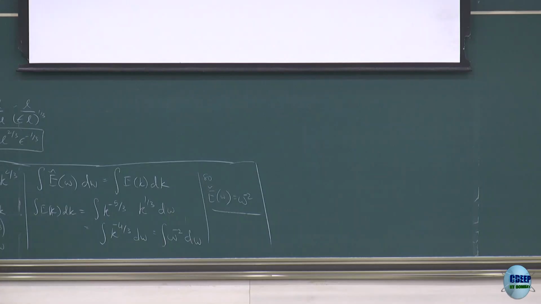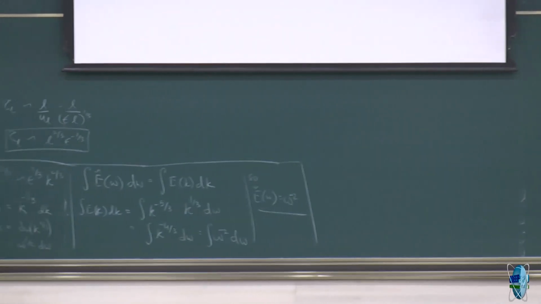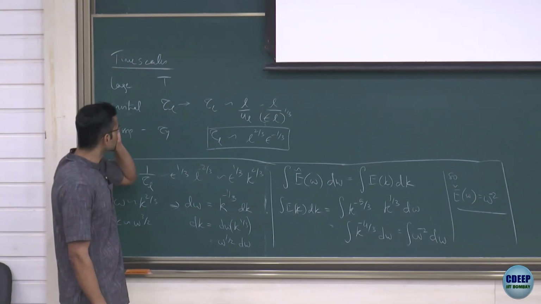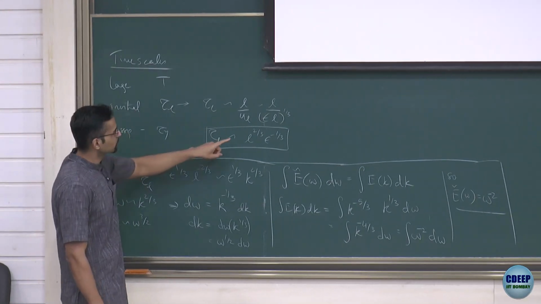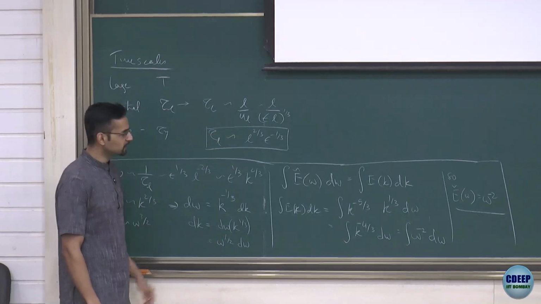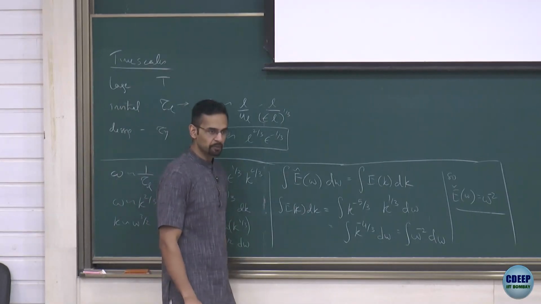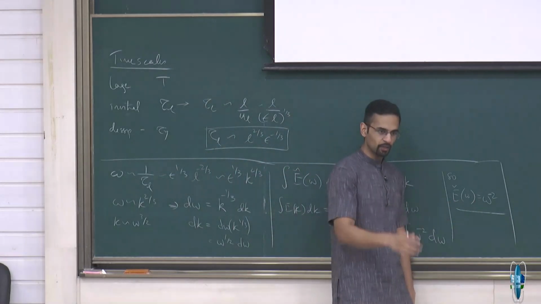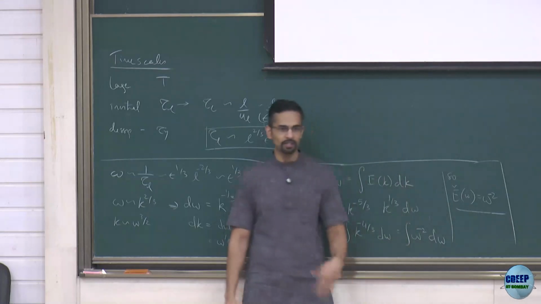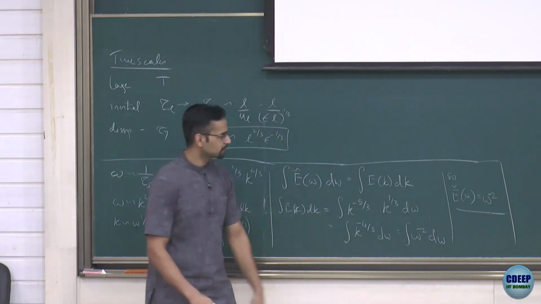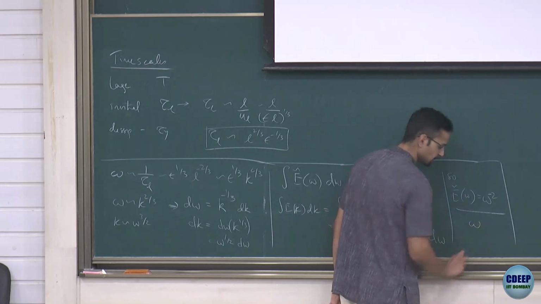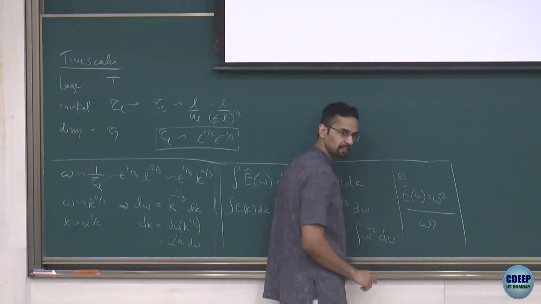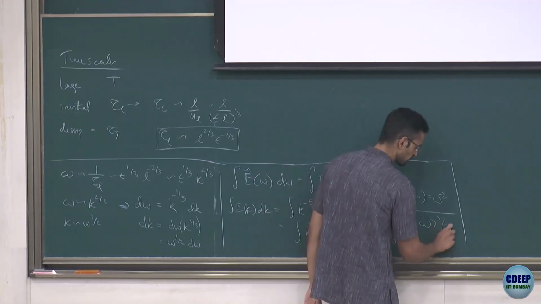So what we have seen is that the Kolmogorov phenomenology in the inertial range tells you that your velocity differences go like L to the 1/3, and that the Kolmogorov spectra is k to the minus 5/3. That same thing will tell you that if you stand in one place and look at the fluctuations, you will get a power spectra that goes like omega to the minus 2, provided this omega is smaller than the largest fluctuations, which come as 1 by tau eta.